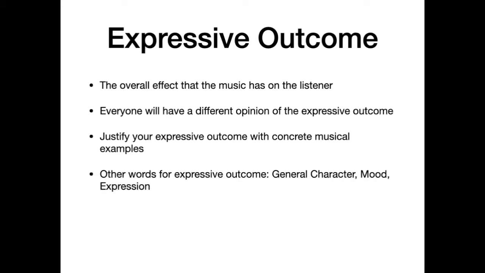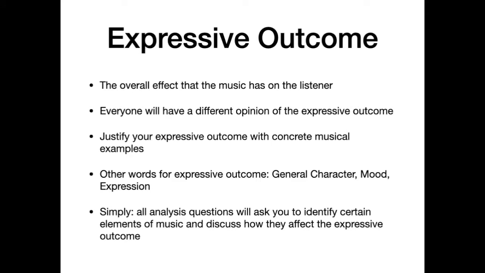Other words for expressive outcome may include general character, mood, or expression. So simply put, all analysis questions will ask you to identify certain elements of music and discuss how they affect the expressive outcome. So to the topic of the day, rhythm.